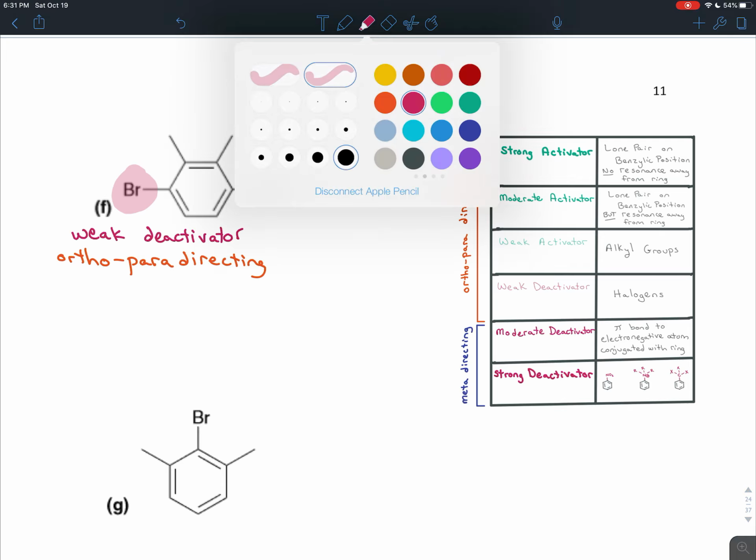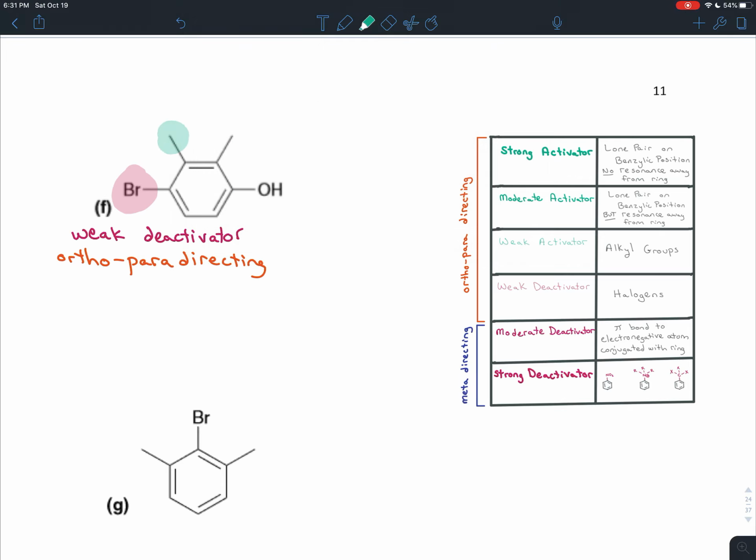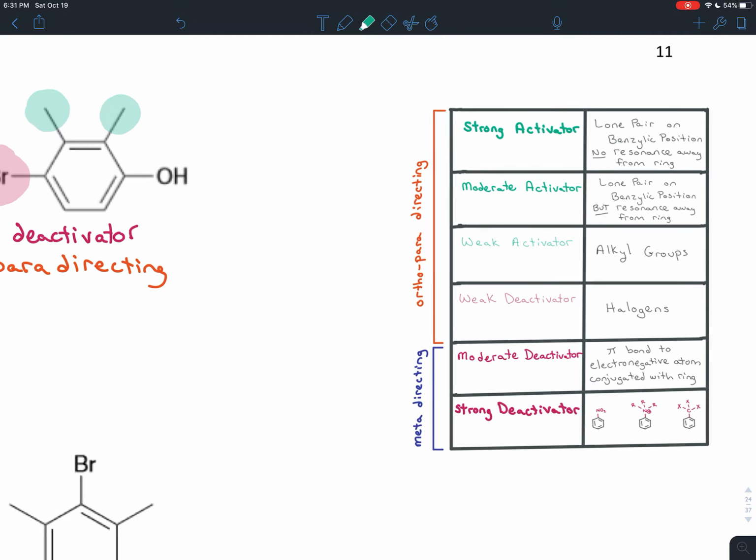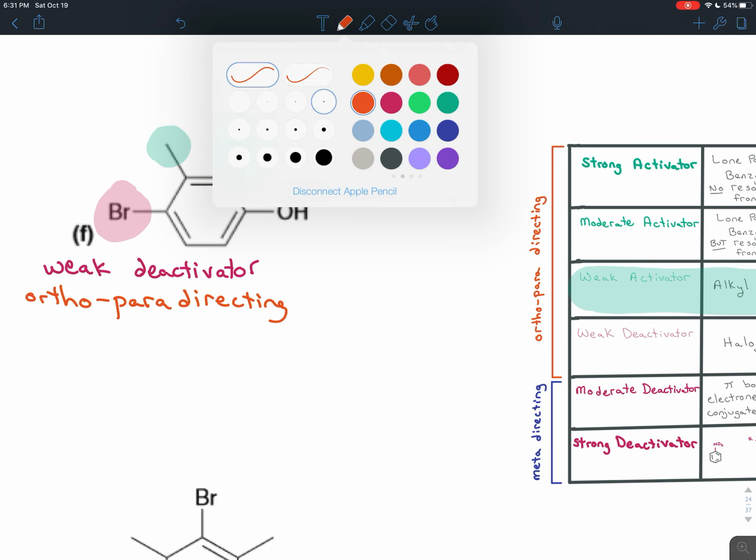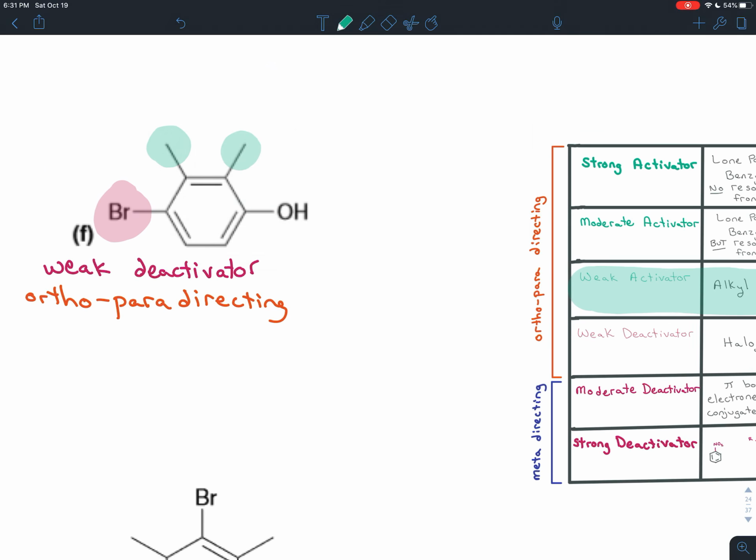The next groups, both of these two groups, are alkyl groups. They're hydrocarbon chains, and so they're weak activators. Both of those are weak activators. All weak activators are ortho-para-directing.